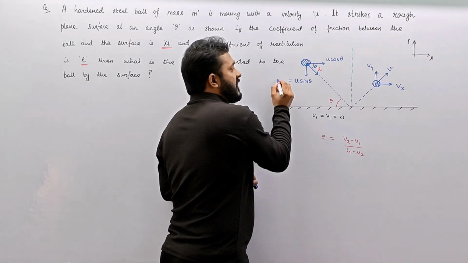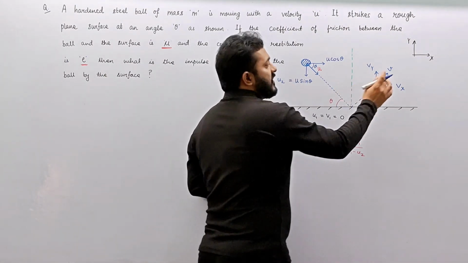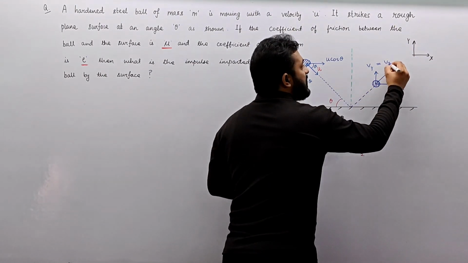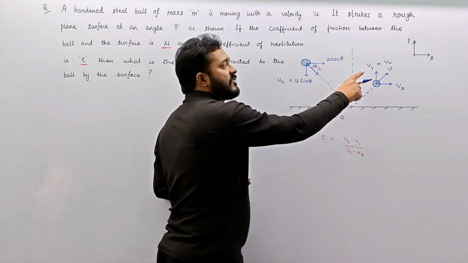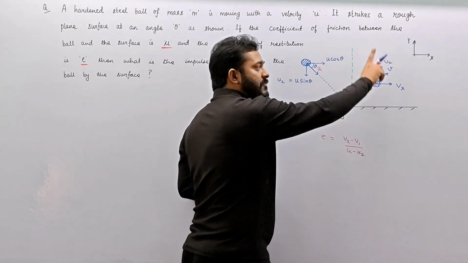We consider this one as u2 and this one as v2, and these are the two components: this is responsible for approach, and this is the component responsible for separation.